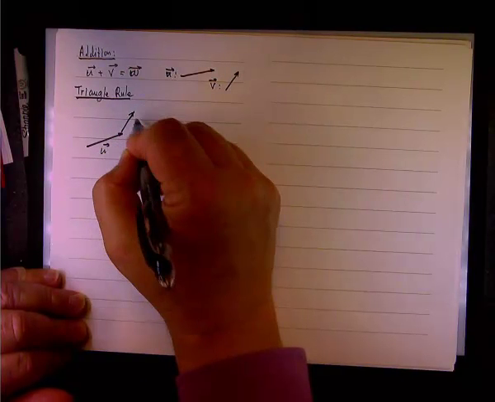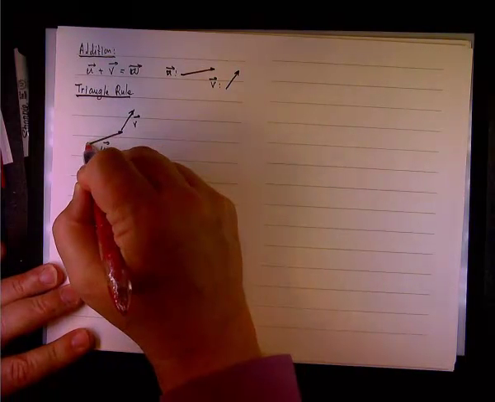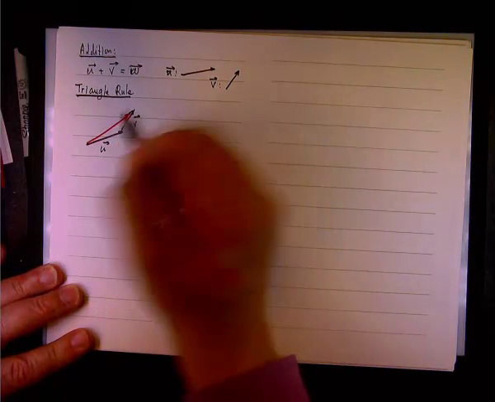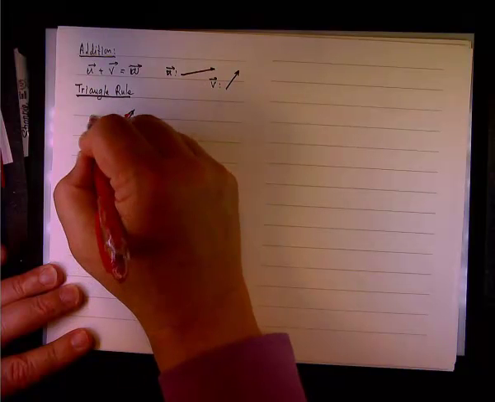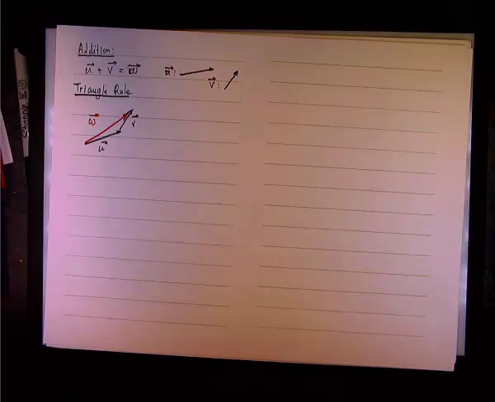So here's vector u, and here's vector v. The result of the addition will be a vector whose initial point is the initial point of u, and the terminal point is the terminal point of v. So the result is vector w, and you can see that we created a triangle. All right?